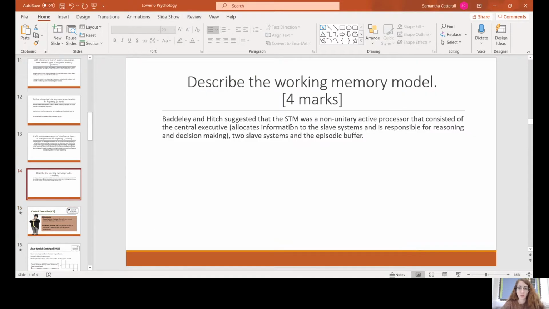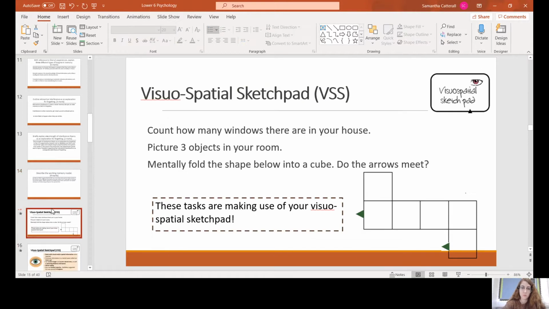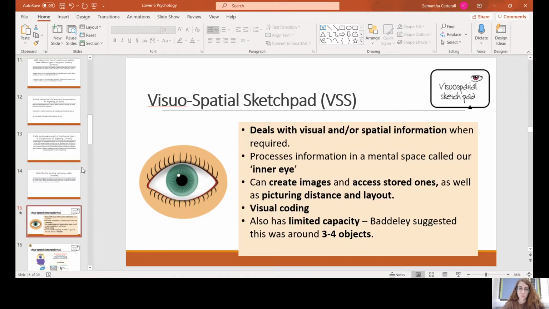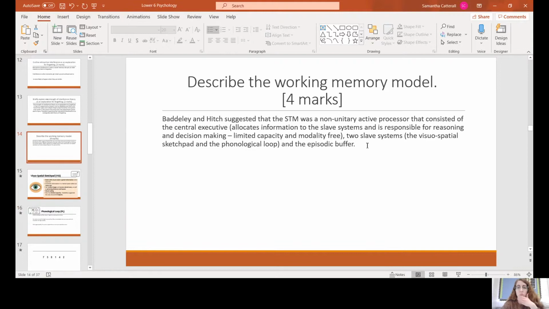So essentially executives. So the short-term memory is not essential.